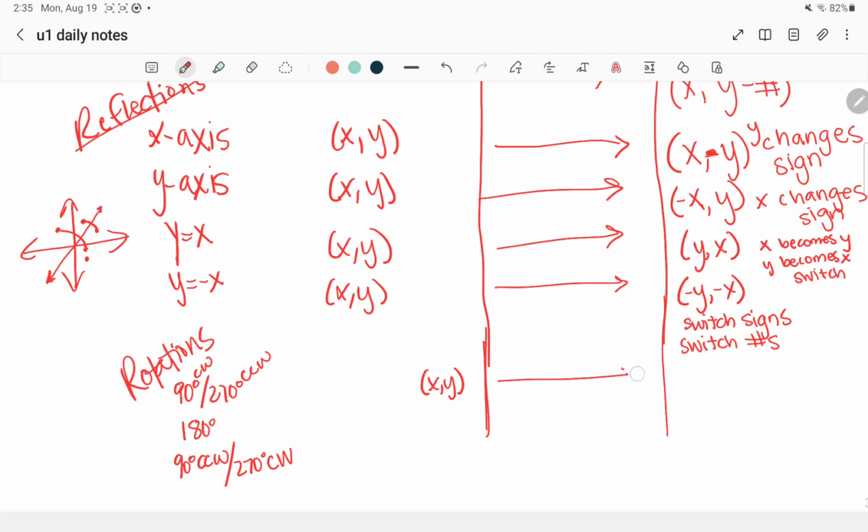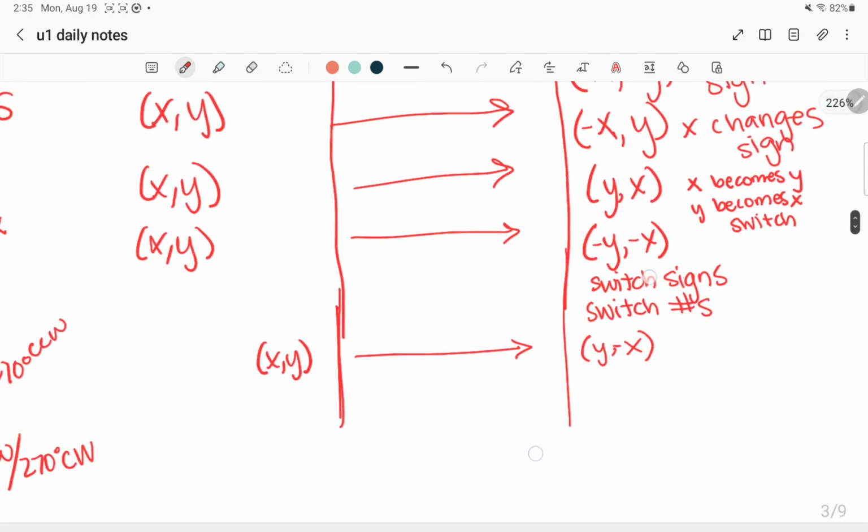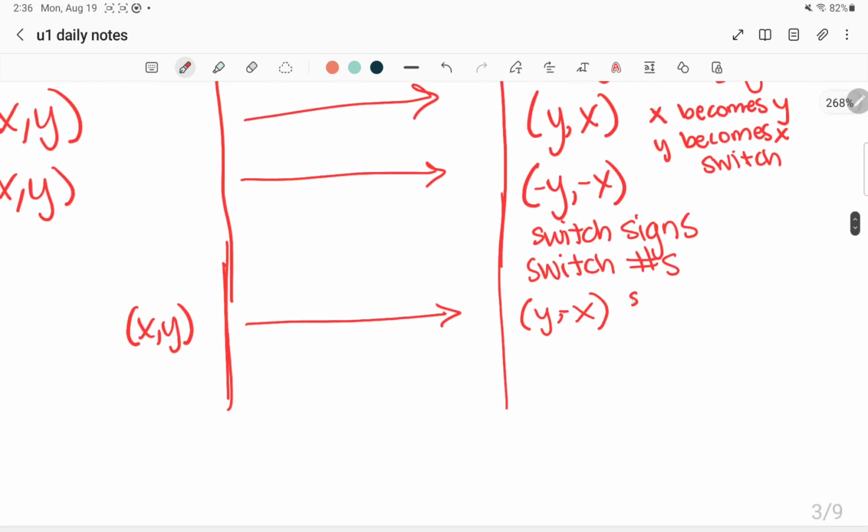my pre-image is x, y. What ends up happening is my y and my x switch places, and my x value switches sign. So we switch numbers, and x switches sign.